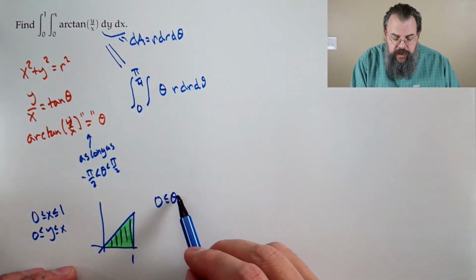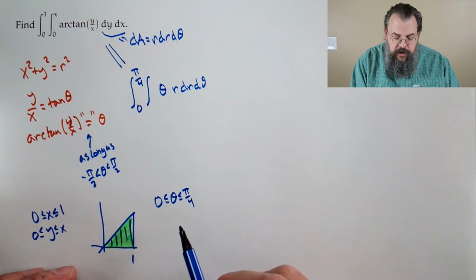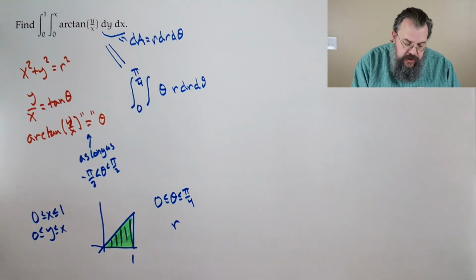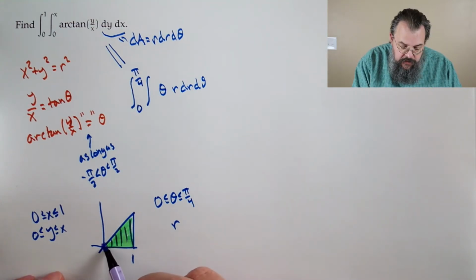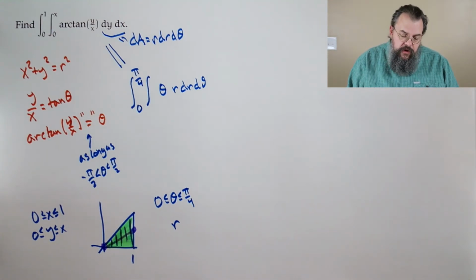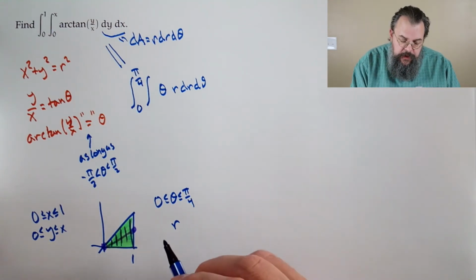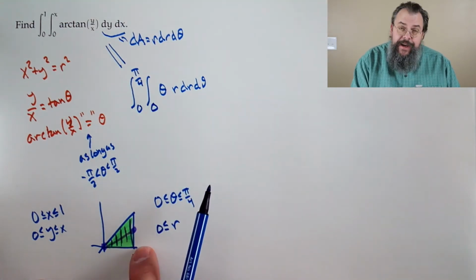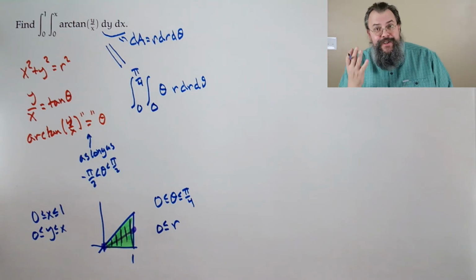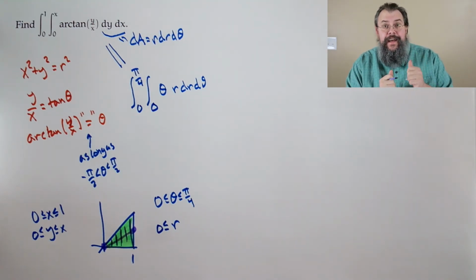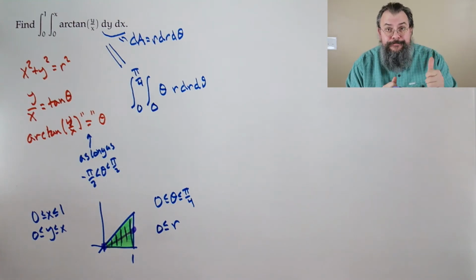So what about for r? For r, we're going to start at our center, and then we're going to go out till we hit that line. So we start at 0, and then we go out to this line. Now, here's the next challenge. What is that line? It's the line x equals 1.